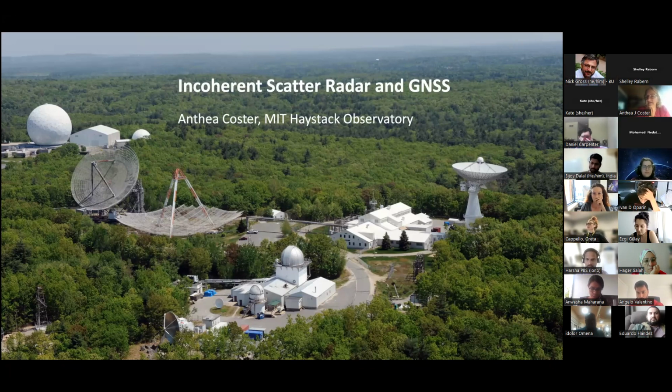We have a whole week to talk about incoherent scatter radar, and that's not enough, so to do this in a half hour is really squishing it. And then I'm also going to be talking about what we're doing with GPS. I've squished a lot of material here, but we'll go.